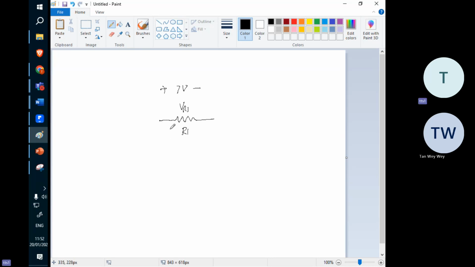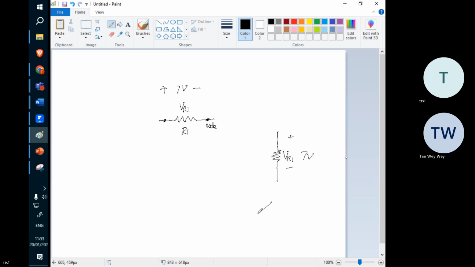Actually, what you can think of is measuring from this node to this node, the voltage drop across these two nodes. Even though this circuit can continue to connect to other components, sometimes the circuit may appear like this, VR1 plus minus. It's still the same thing, right? It's still the same.